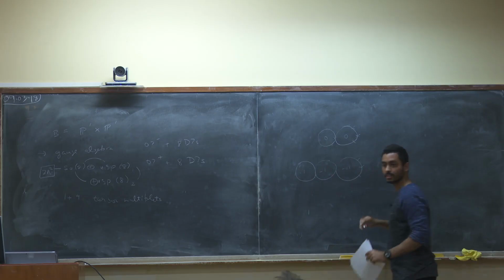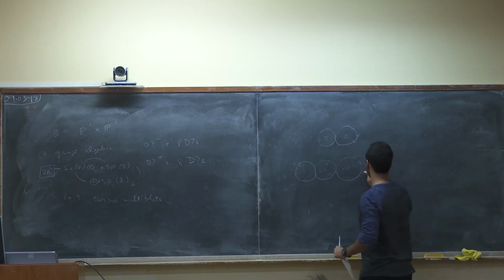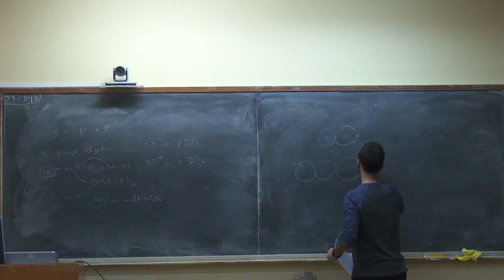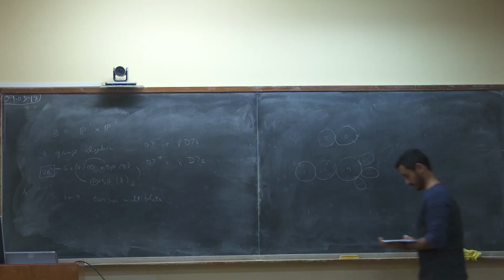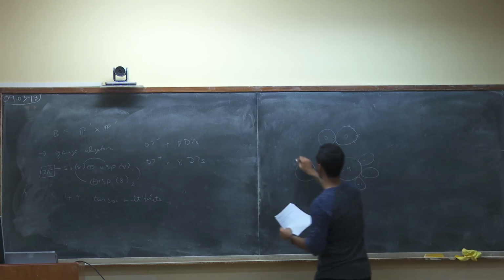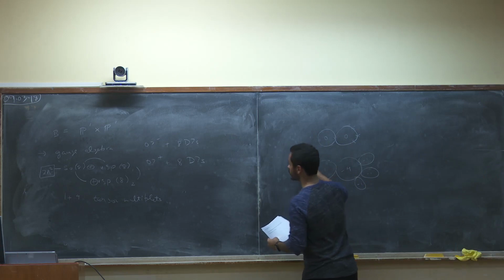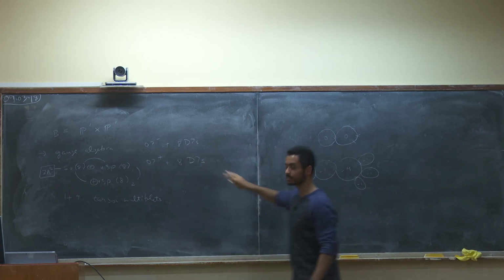With these 3 points, when you blow them up, you obtain a configuration like this. And on this you had I star 12, this is the O7 minus plus 8 D7s.